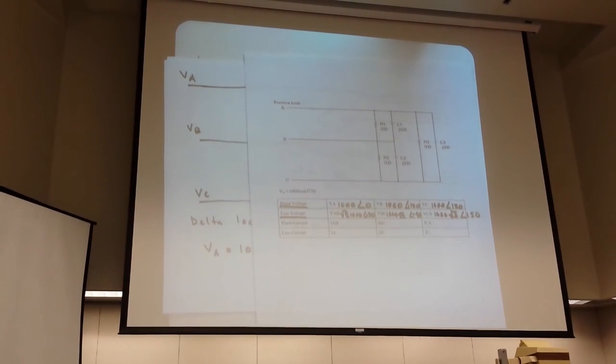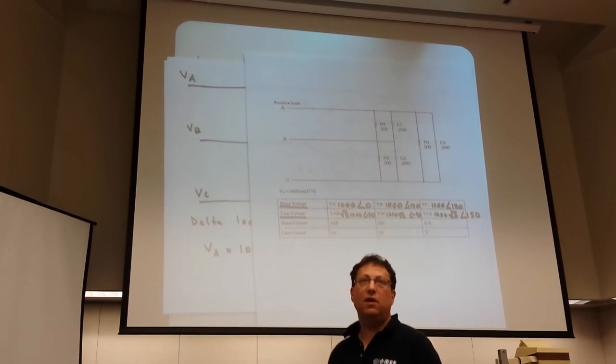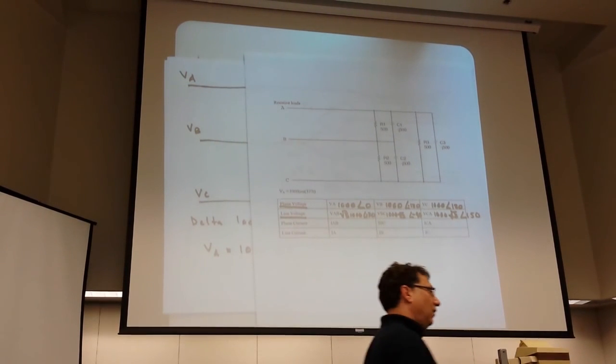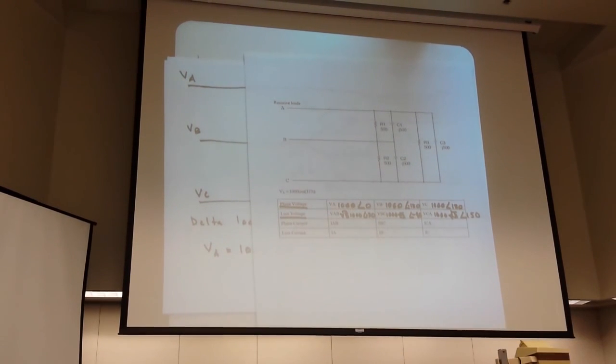Having done the voltages, that's fairly straightforward bookkeeping: once we're given one of our phase or line voltages, we can extract all the others fairly quickly. What would be the next thing we would determine? Well, what's the configuration of our load? I just drew it a second ago. Delta.